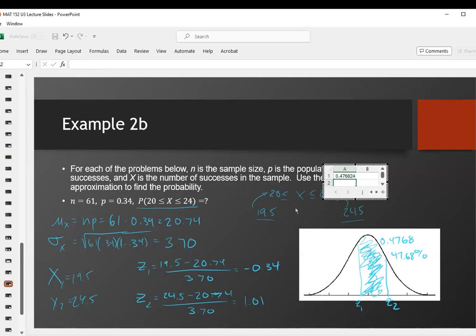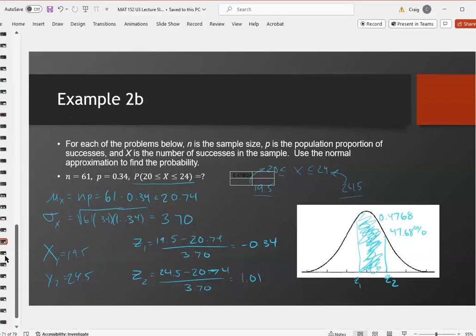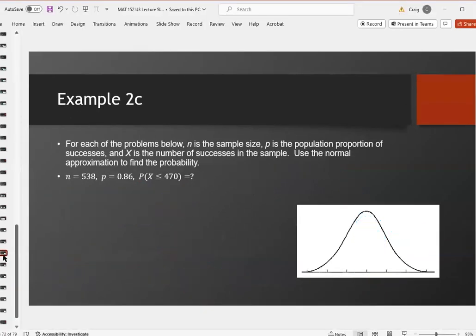Let's try a couple more of these. Hopefully you're starting to see how they go together with the correction. Here again, we want to find x is less than or equal to 470. Before we do anything else, we can figure this out.